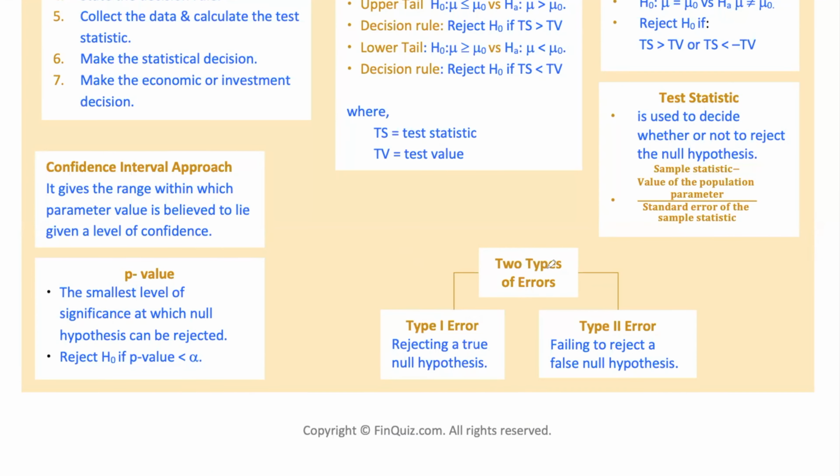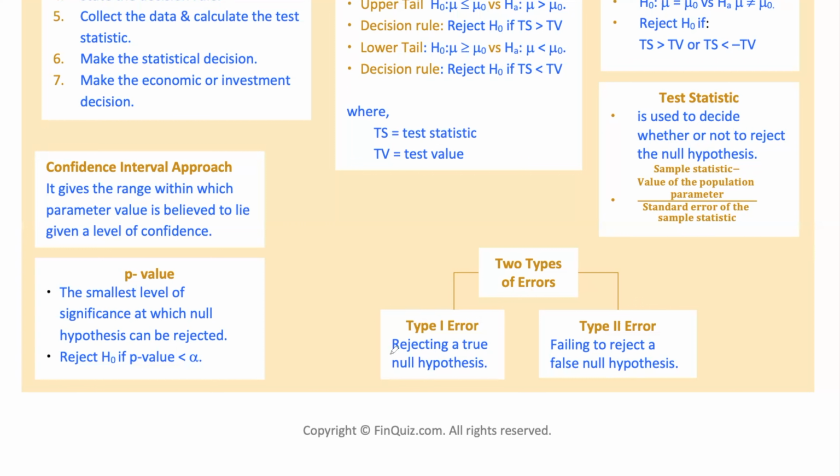In hypothesis testing, there are two types of errors we need to be aware of: type 1 error and type 2 error. In type 1 error, also called false positive, we reject the null hypothesis when it is actually true. This is like a false alarm, thinking there's a fire when there isn't one.